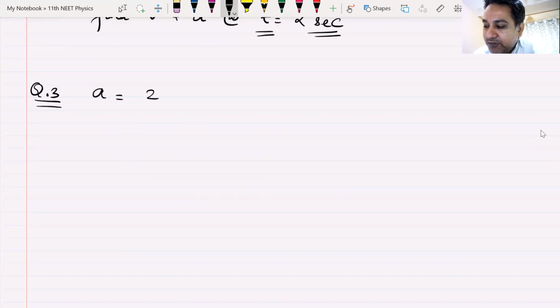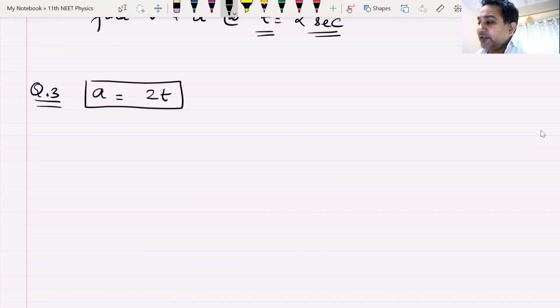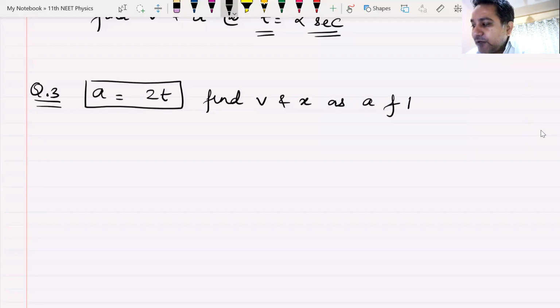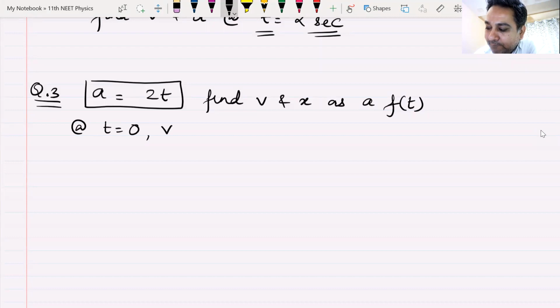Acceleration of the particle is given as 2t. Find v and x as a function of time. At t is equal to 0 seconds, velocity is 0.